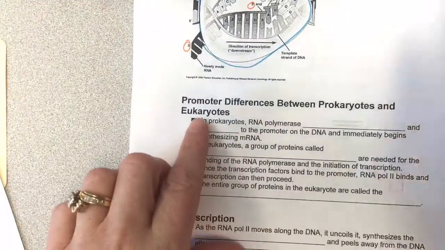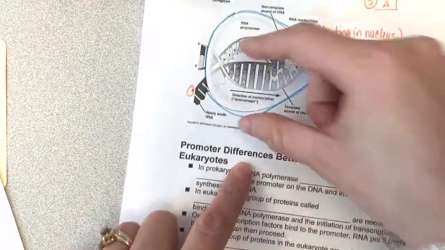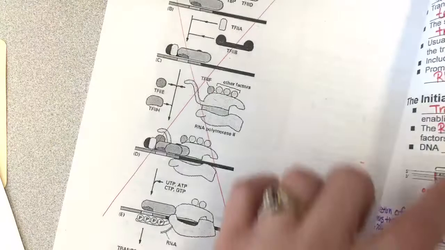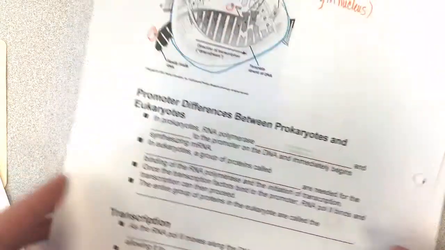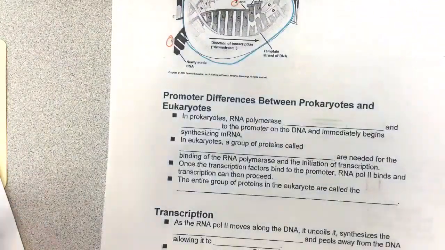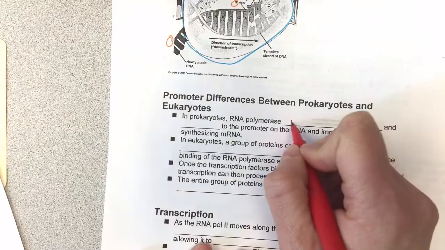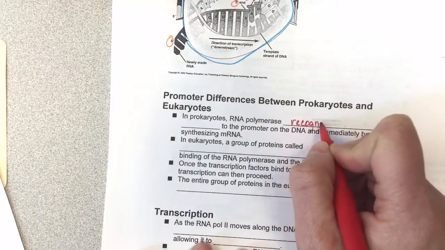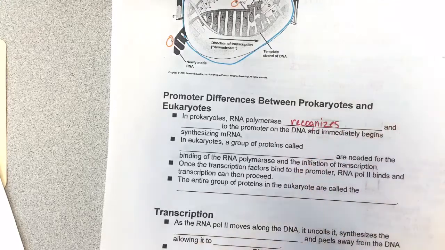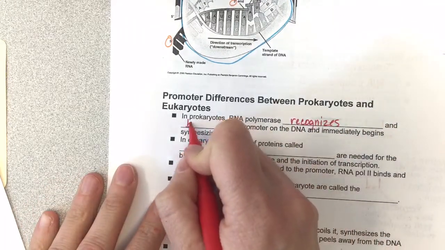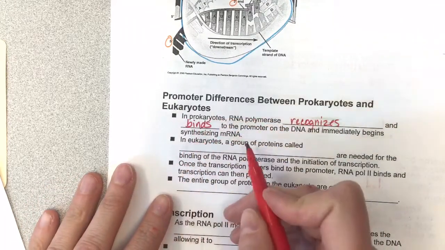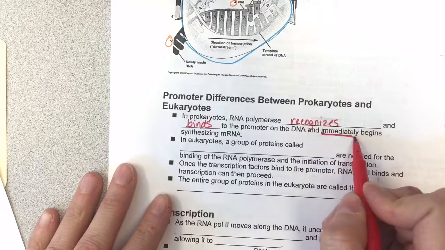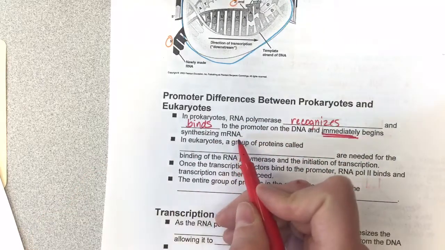So let's look at the difference in the promoter region, what we just talked about, in prokaryotic versus eukaryotic cells. In prokaryotic cells, RNA polymerase recognizes and binds to the promoter on the DNA immediately and begins synthesizing mRNA.